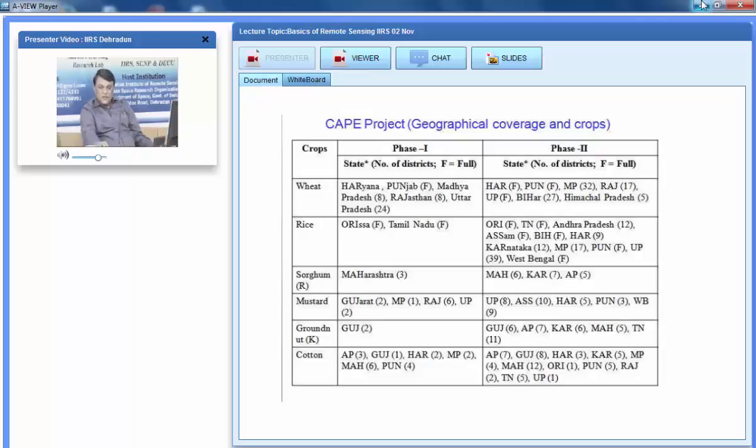For cotton, Andhra Pradesh, Gujarat, Maharashtra, Punjab, Haryana in the first phase and later it is covered in the majority of states dominantly growing this cotton crop. So these are the crops where the operationalized methodology of remote sensing for acreage estimation is practiced, and district level and state level acreage estimation has been given to the Department of Agriculture and other state stakeholders.